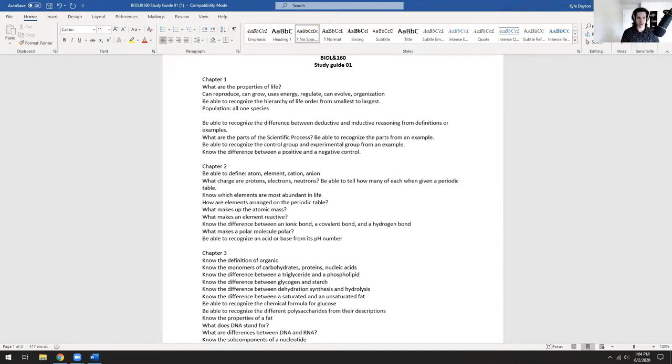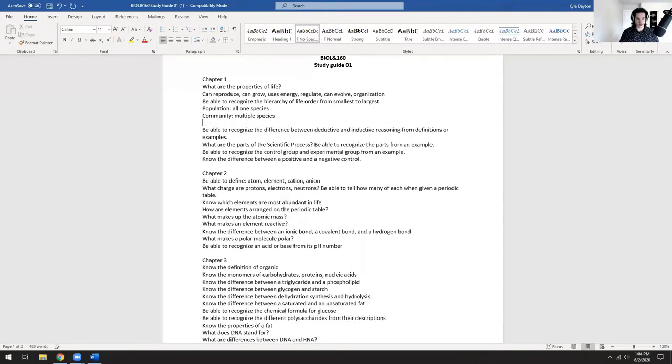You guys could see the screen, right? Okay, yeah. Population, all one species. Community, that's going to be multiple species. And then what comes after that? An ecosystem.